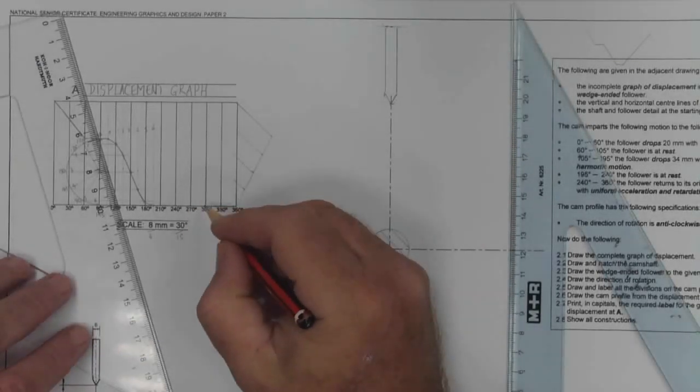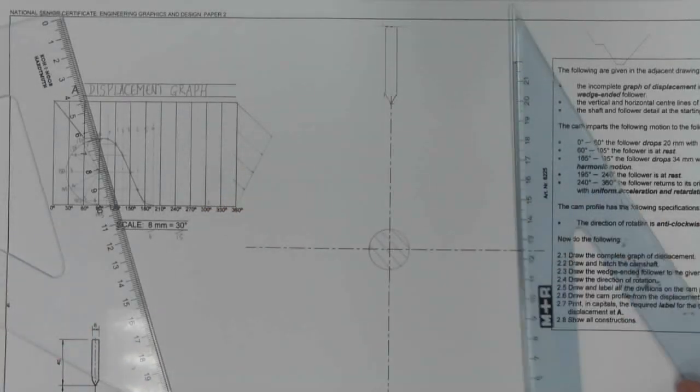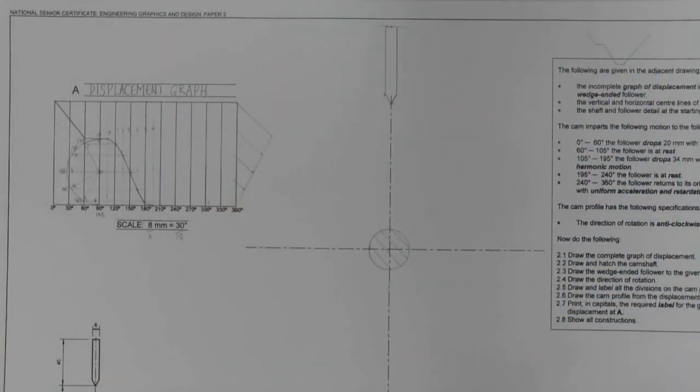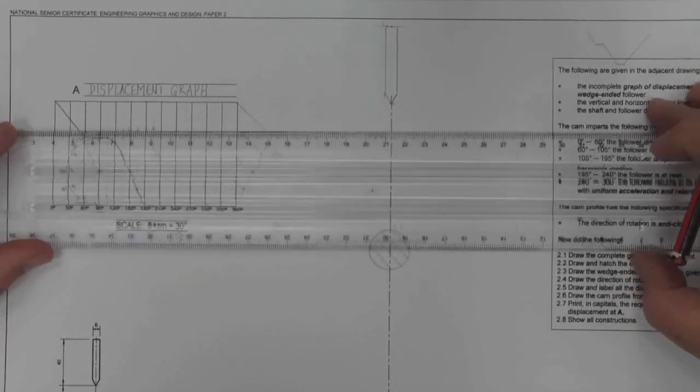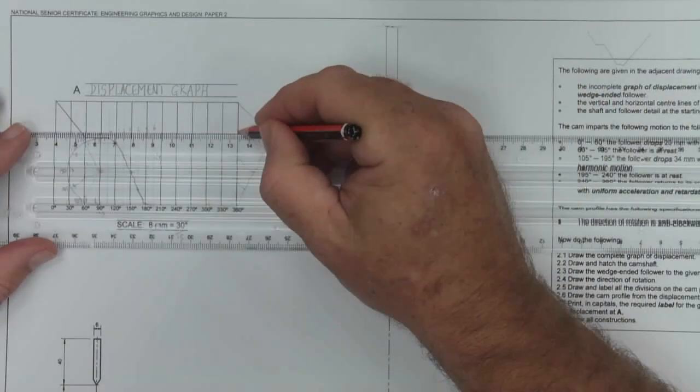Now the middle line is here at point 2. And what I need to do is transfer these height measurements across to that center line.